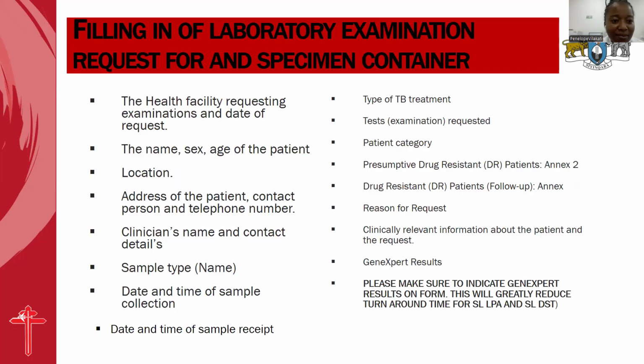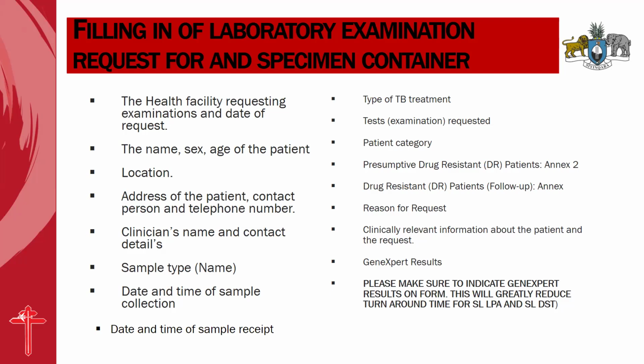Now, the filling of the examination request and the specimen container. These are the requirements from the NTRL. The health facility requesting the examination and the date of the request should be shown, along with the name, sex, age and location of the patient, the address, the contact person and telephone number, and the clinician's name and contact details.